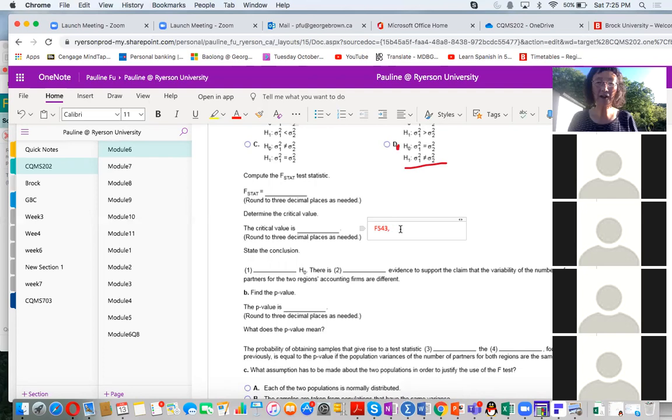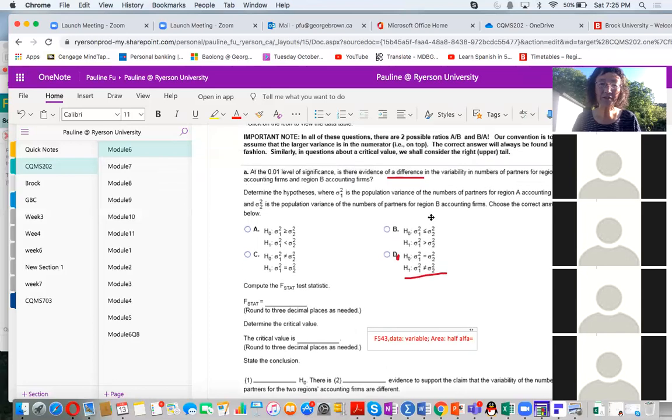So after F5, F4, F3, data variable, and then area, where is my alpha? Because this is a two-tail test, for area you use half alpha, okay? We need to find out where is alpha.